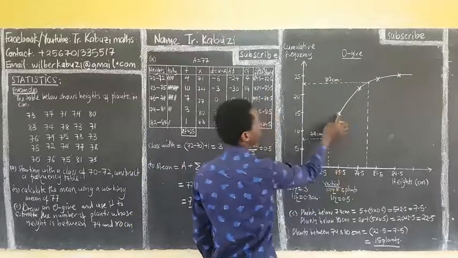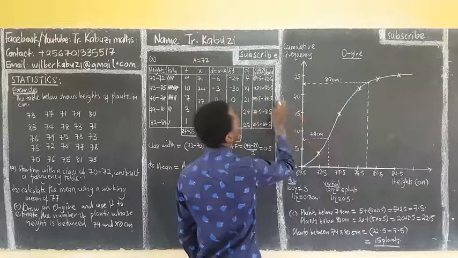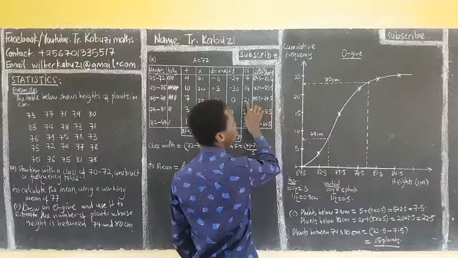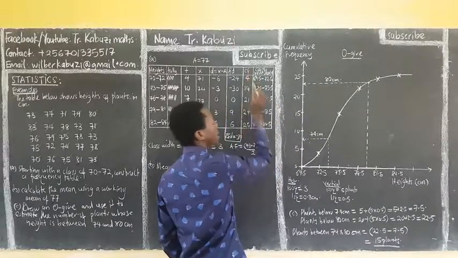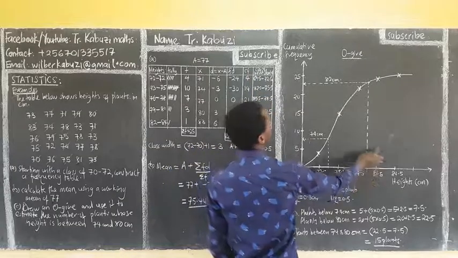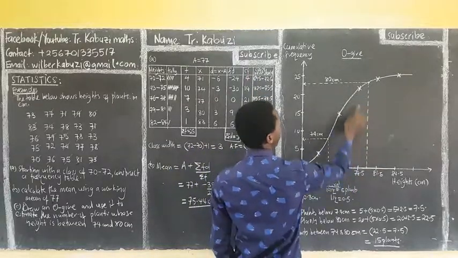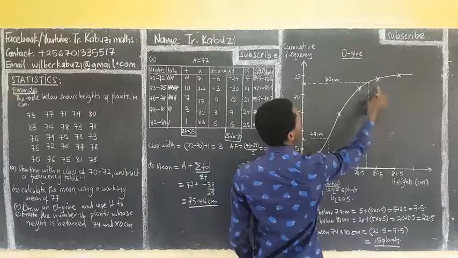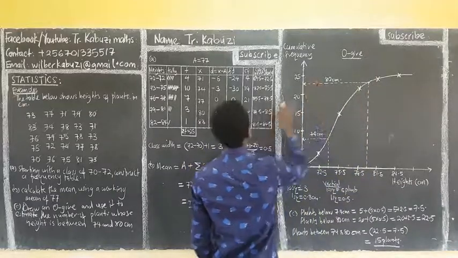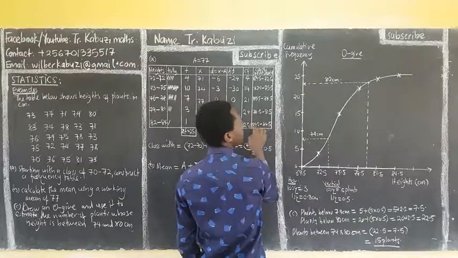Then this is with the 21. We are plotting them with the cumulative frequency. This with 21. Then this one is with 24. Then the last one is with 25.